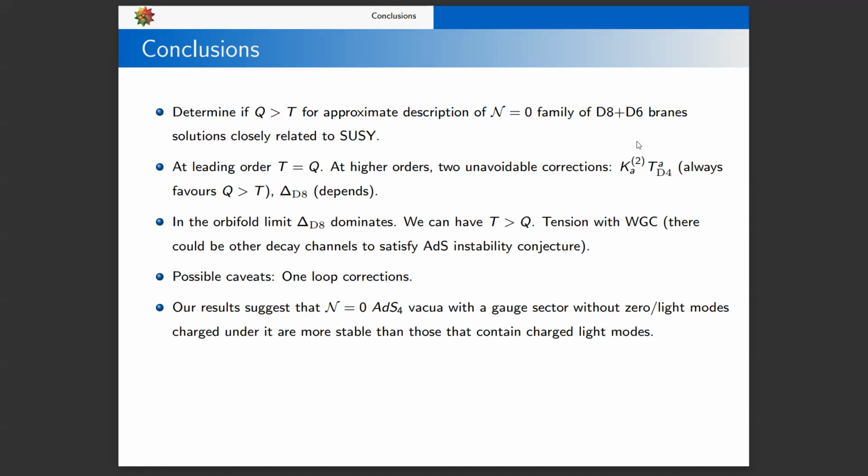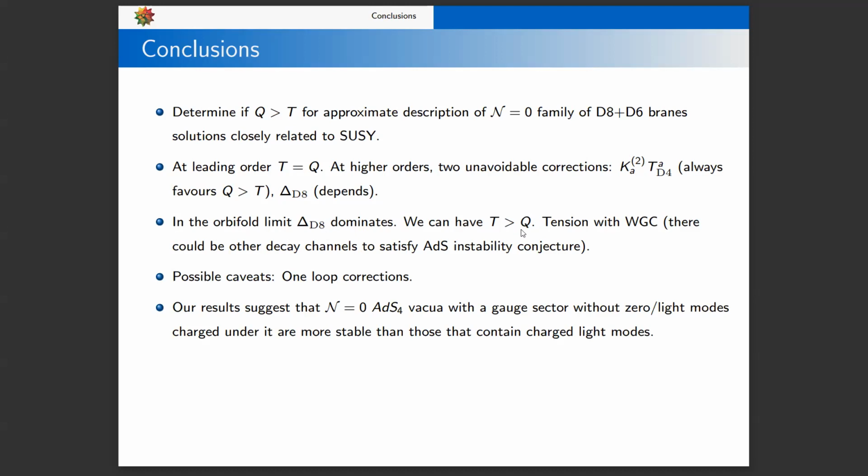One goes with the Chern class of the compact manifold, another one goes with the bionic correction. And this last one, the sign with which it contributes can depend on the distribution of these D6 planes in our system. So when we go to the orbifold limit, the bionic correction dominates, and we can build cases with the tension greater than the charge.